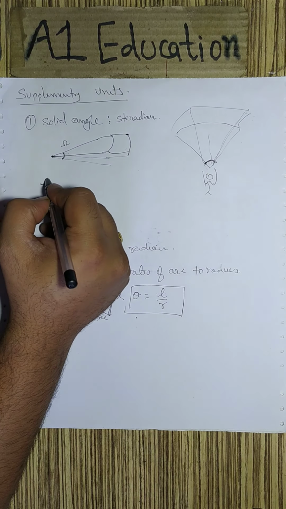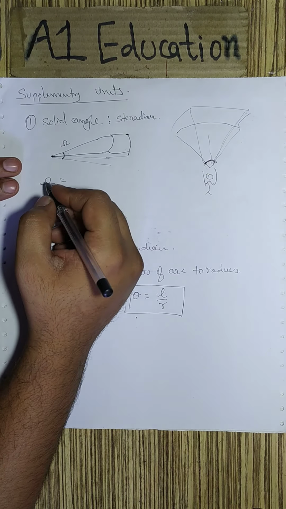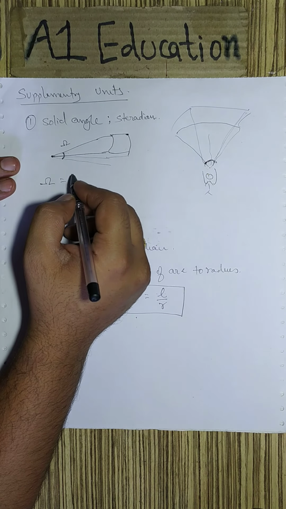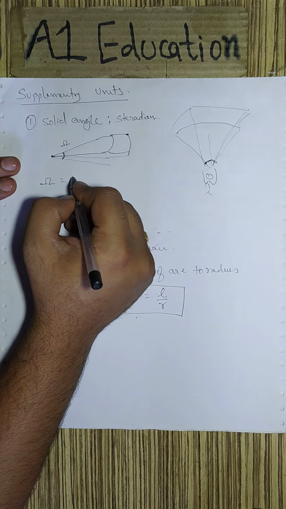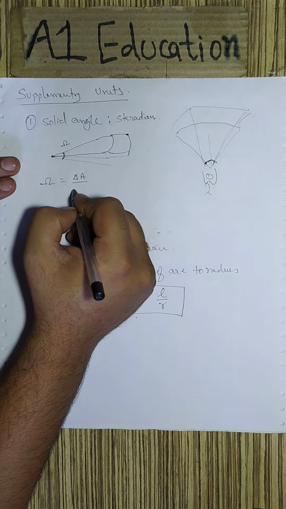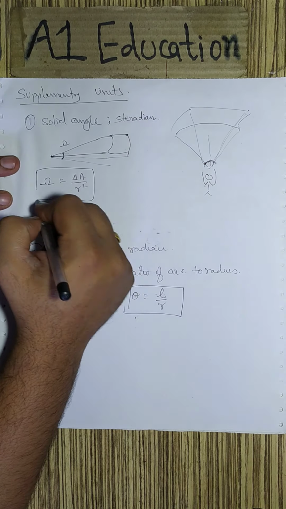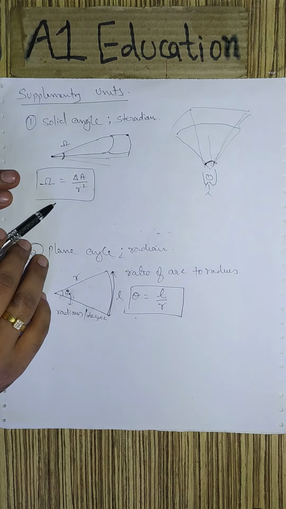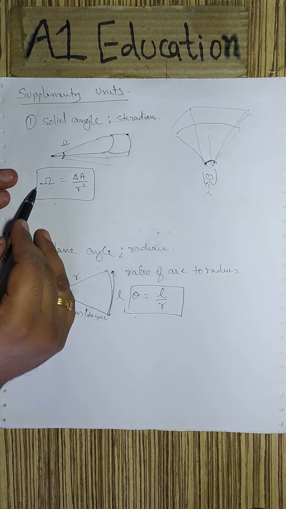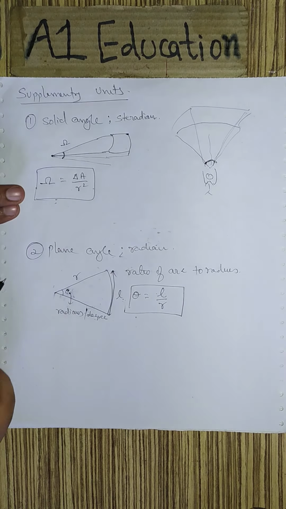And similarly, the formula for the solid angle is the ratio of area upon radius square, change in area upon radius square. This is the formula for the solid angle. It is not much used anywhere in the syllabus of 11th and 12th, so I am not explaining it.